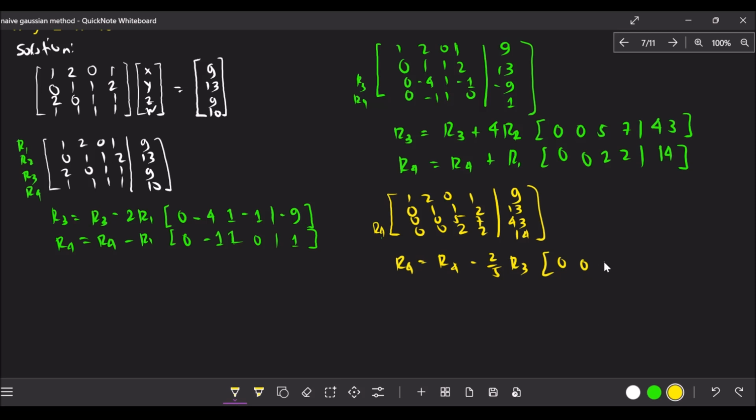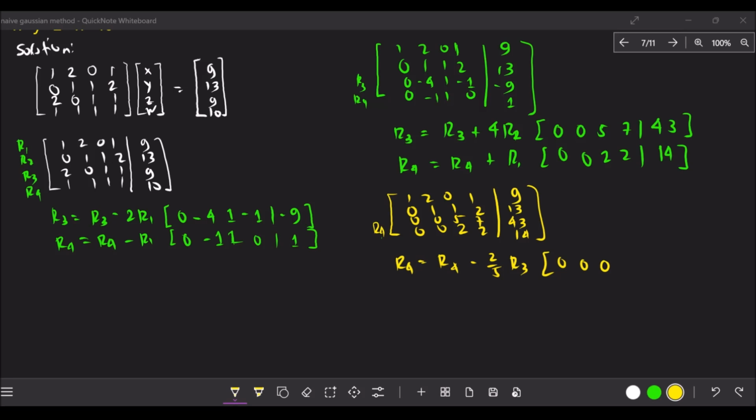So 2 minus 2 will be equal to 0. And we have R4: 2 minus 14 over 2. No, because this is 2 times 7, which is 14, over 5, not over 2. 14 over 5. Okay.